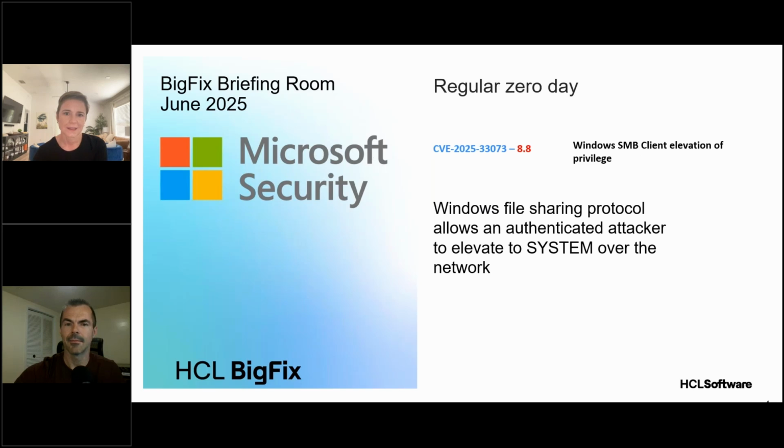All right, just a plain old regular zero-day, just announced but didn't have a fix available. This one is not quite as threatening. It requires an attacker to be authenticated already.